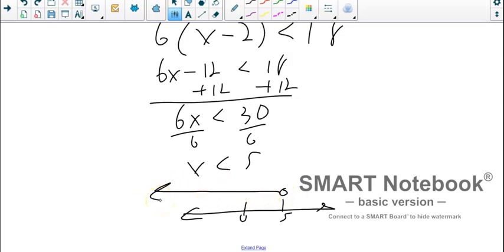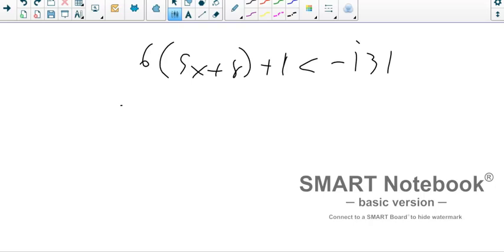All the numbers less than 5 work. Anything I put in there would work if it's less than 5. I could not put 5 in because that would give me 18 is less than 18, and that's not true. But if I went back and made this symbol, I would simply make it this filled in circle, and now it would be true. Okay, just remember that.